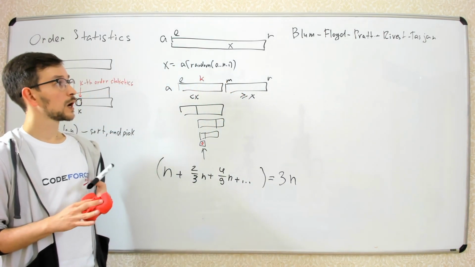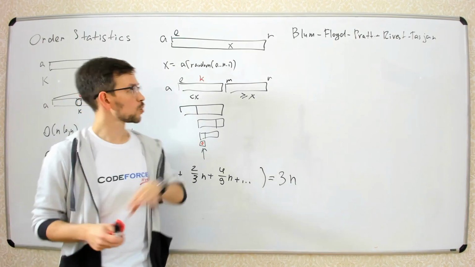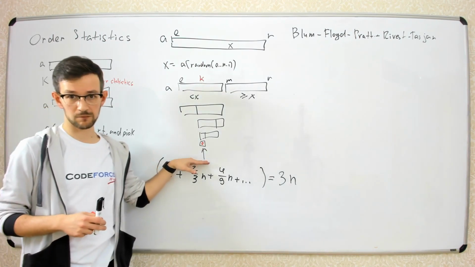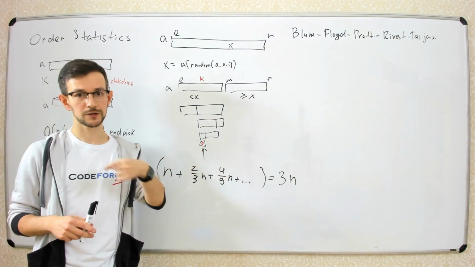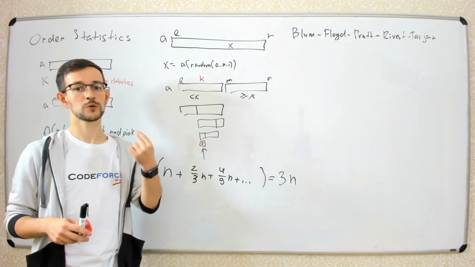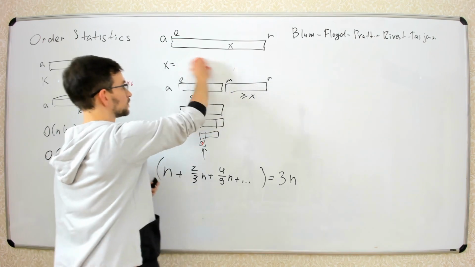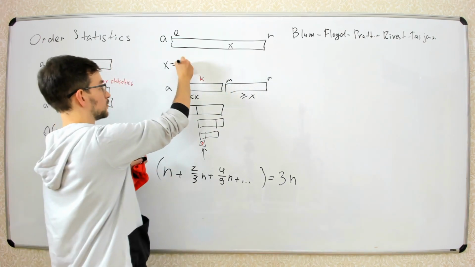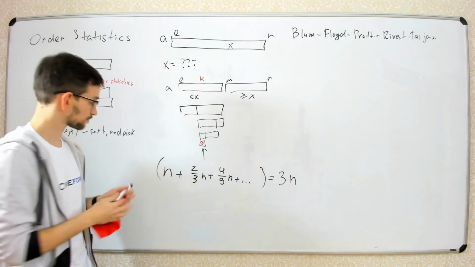Cool. How does the algorithm work? What is the idea? We do everything the same, but we pick this element x not in a random way, but in a determined way. So we need to find a determined way to find the good element x. Somehow.